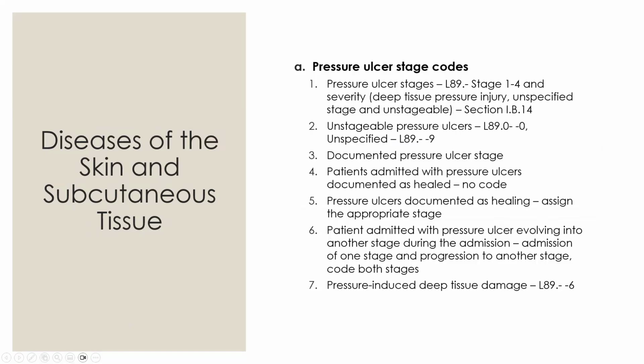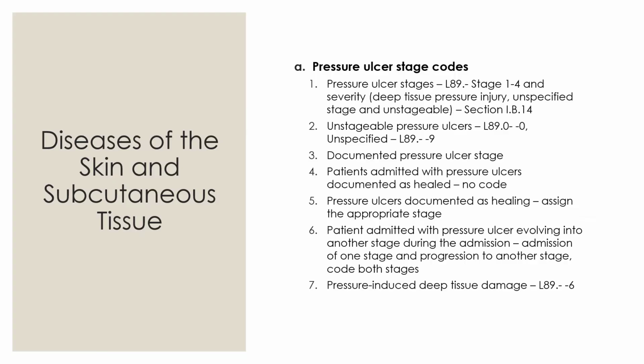First up, we have pressure ulcer stage codes. Number 1, pressure ulcer stages. Codes in category L89, pressure ulcer, identify the stage and site of the pressure ulcer. ICD-10 classifies pressure ulcer stages based on severity, which is designated by stages 1 through 4, deep tissue pressure injury, unspecified stage, and unstageable.